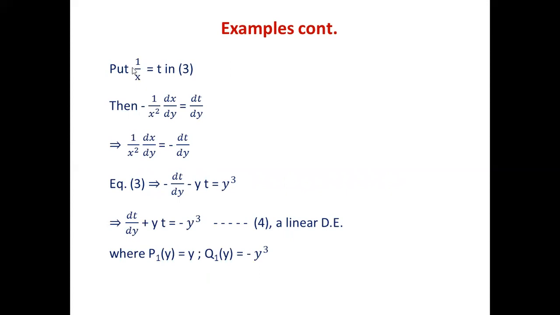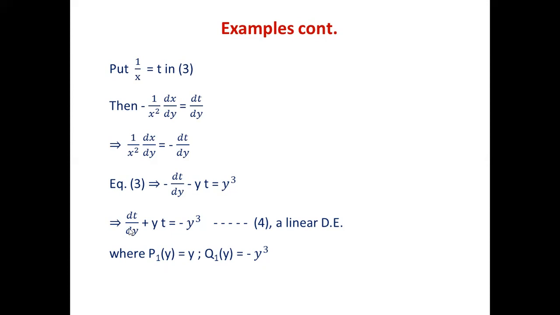On differentiating both sides with respect to y, we get 1 by x square dx by dy as minus dt by dy. So substituting for 1 by x square dx by dy in equation 3, we get minus dt by dy minus y into t is equal to y cube.